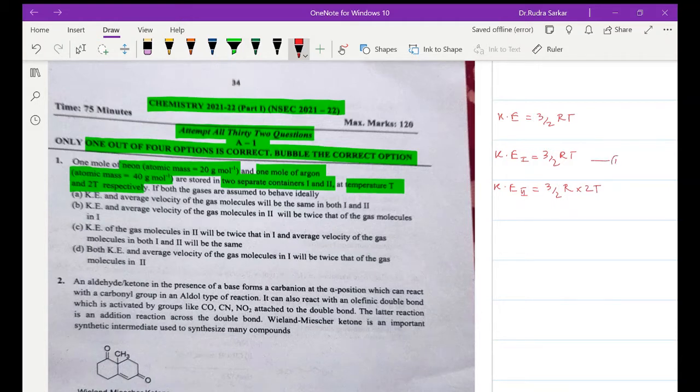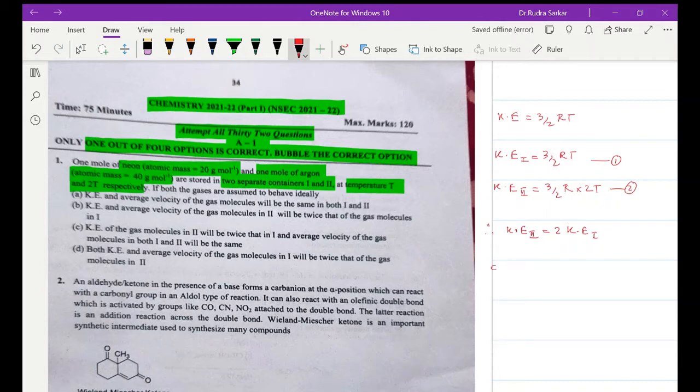So say this is equation 1 and this is equation 2. Then it will give us kinetic energy 2 is nothing but twice the kinetic energy of container 1. Obviously of the molecules I meant.